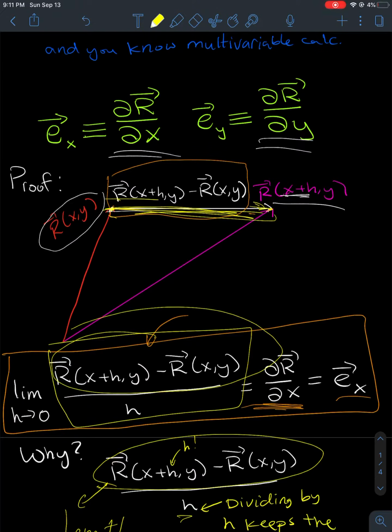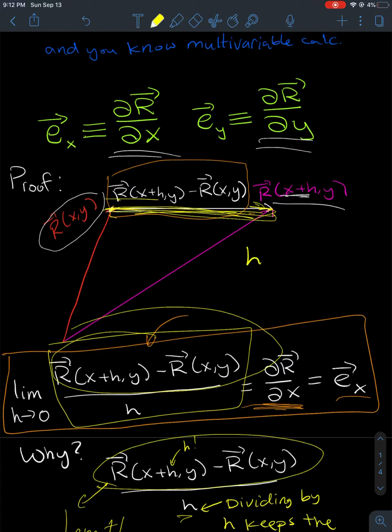It's not really the length, it's just the separation vector. But when we divide it by h, because h can be thought of as the distance, we're going to get a unit vector. And if this vector is already completely in the x direction, that's just the position basis vector.